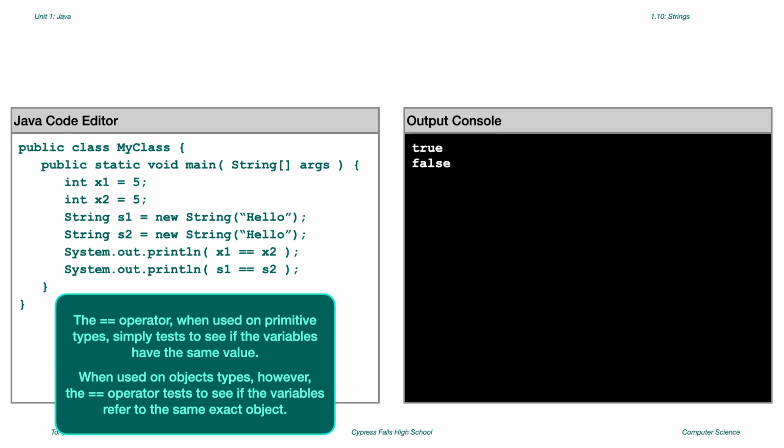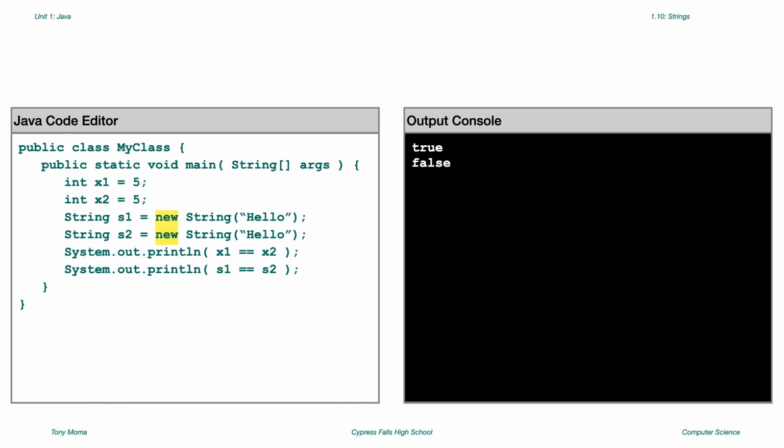Now, how do I know that? I know that because we used the new operator when we initialized both of them. Anytime you use the new operator to initialize an object, you're telling that variable to refer to a new separate object. Contrast to this line of code. Suppose I declare a string s3, and instead of using the new keyword, I simply initialize it to s1.